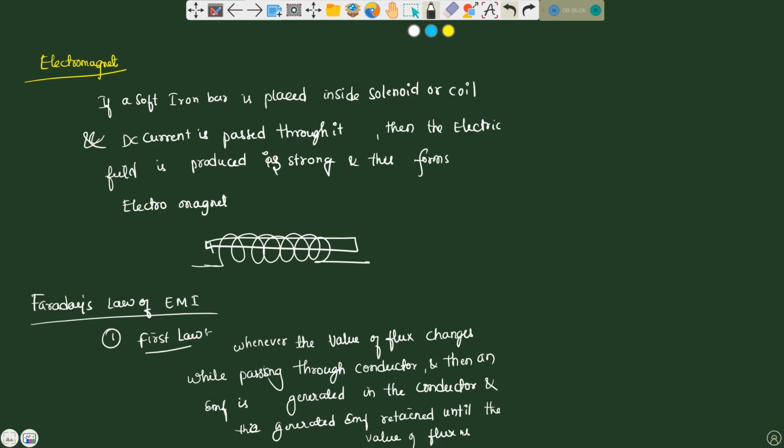This is nothing but Faraday's law of electromagnetic induction. So whenever the value of magnetic flux passing through the conductor changes, then the EMF is generated in the conductor, and this EMF is retained until the value of flux is variable.